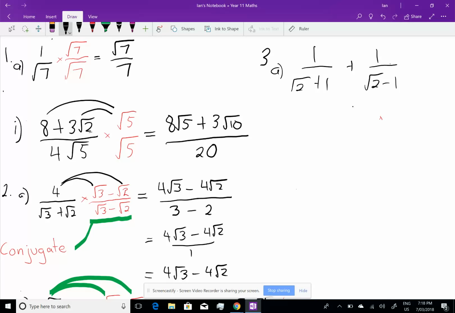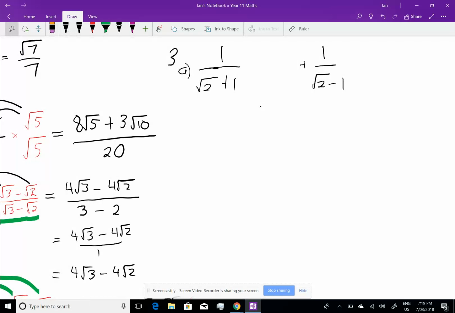What I suggest to you is you leave yourself a little space. And this is what I mean. Plus, actually I wouldn't put that plus there, plus 1 on root 2 minus 1.